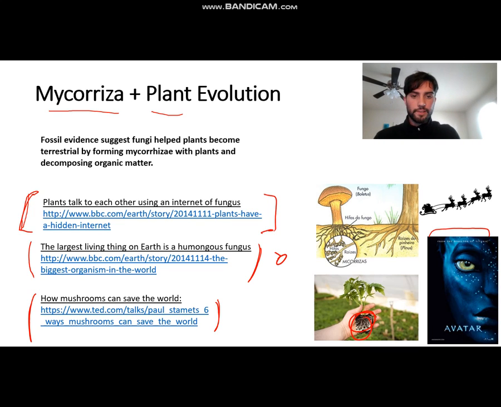Here I have these reindeers, because in Siberia the tribes use Amanita muscaria, which is a hallucinogenic mushroom. They use it during the winter time, and also the wild reindeers eat this mushroom, and so they use it in rituals and in religious practices.